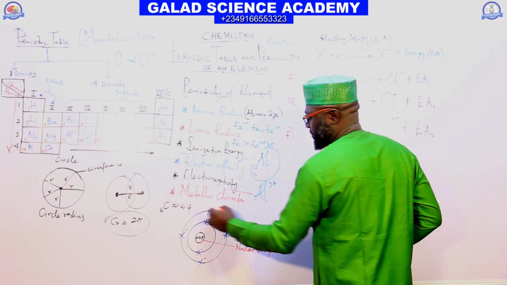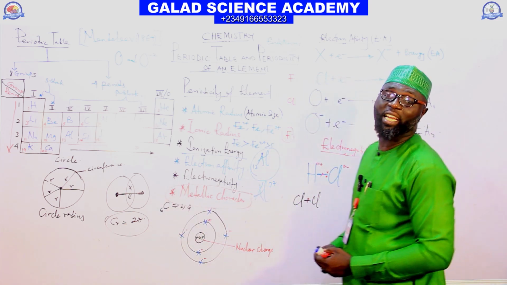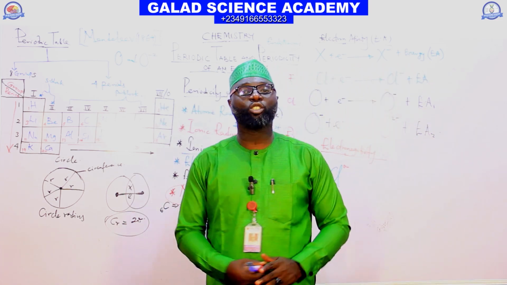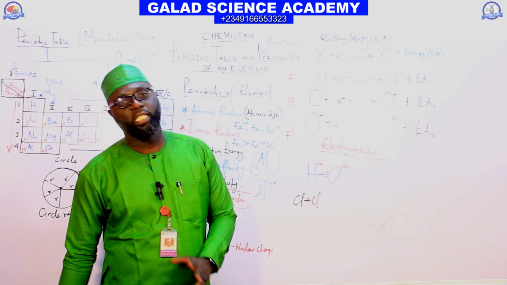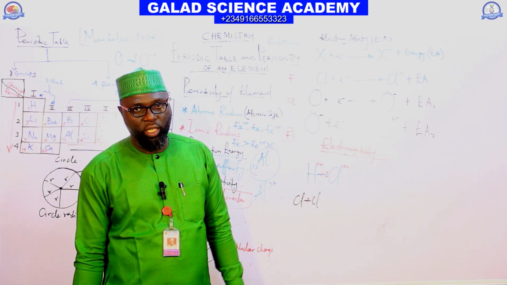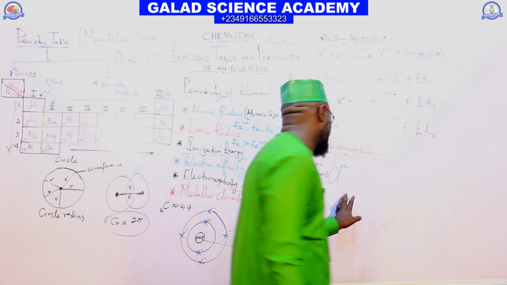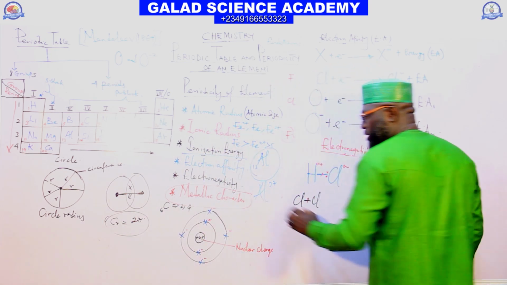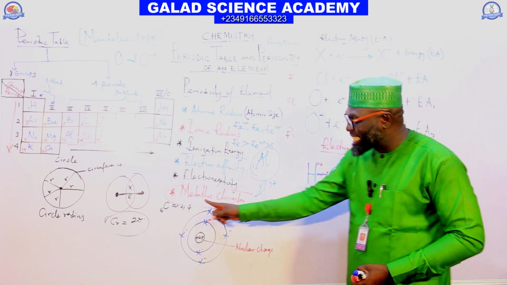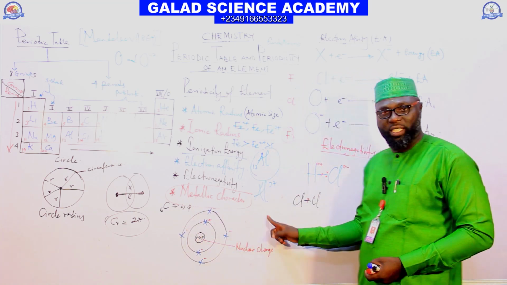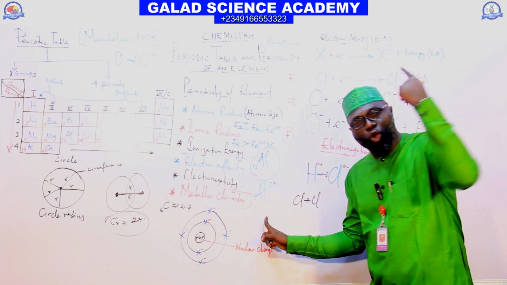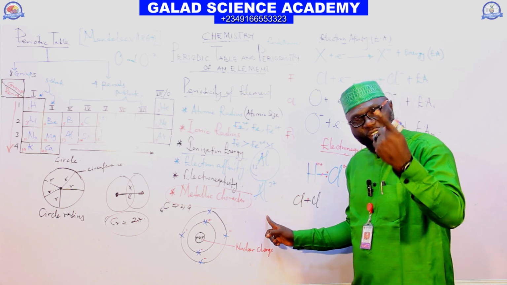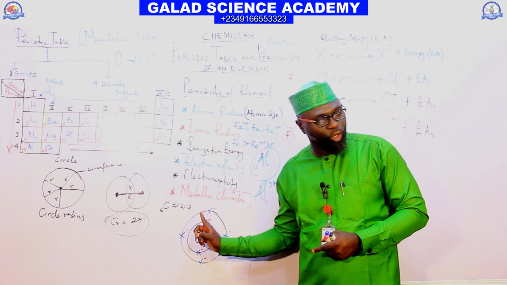Metallic character is also called electropositivity. This is the tendency of an element to lose its valency electron.